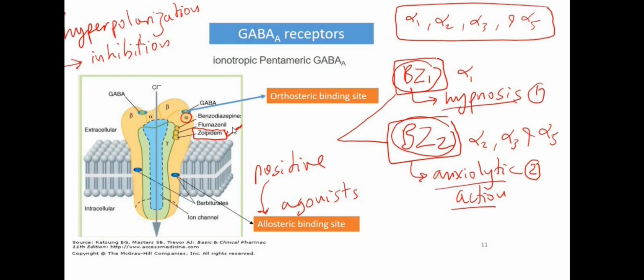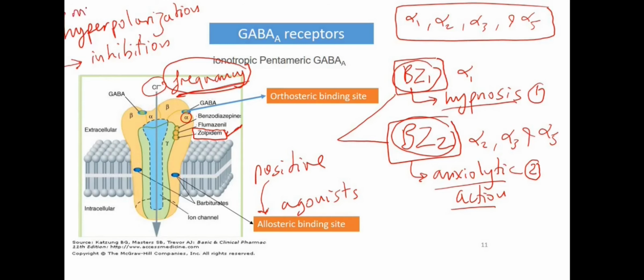Once they bind to their own receptor, whether benzodiazepine 1 or benzodiazepine 2, they increase the frequency of chloride channel opening. This is very important. The number of openings of the chloride channel due to GABA will be increased. In this case, what will happen? More hyperpolarization, meaning more inhibition.